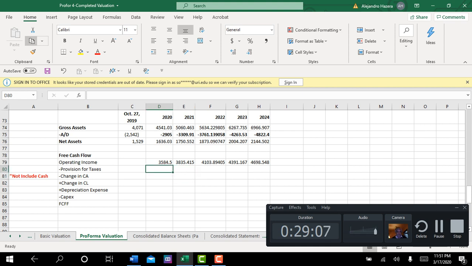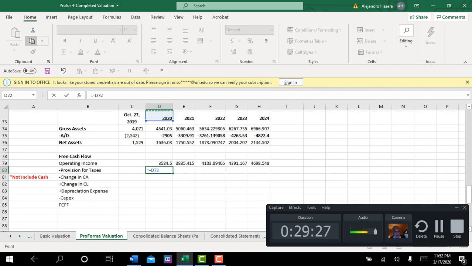Now, your provision for taxes is also going to be from your income statement. And I forgot if there's a minus sign up there. I don't think there is. I don't think they include any plus or minus signs.